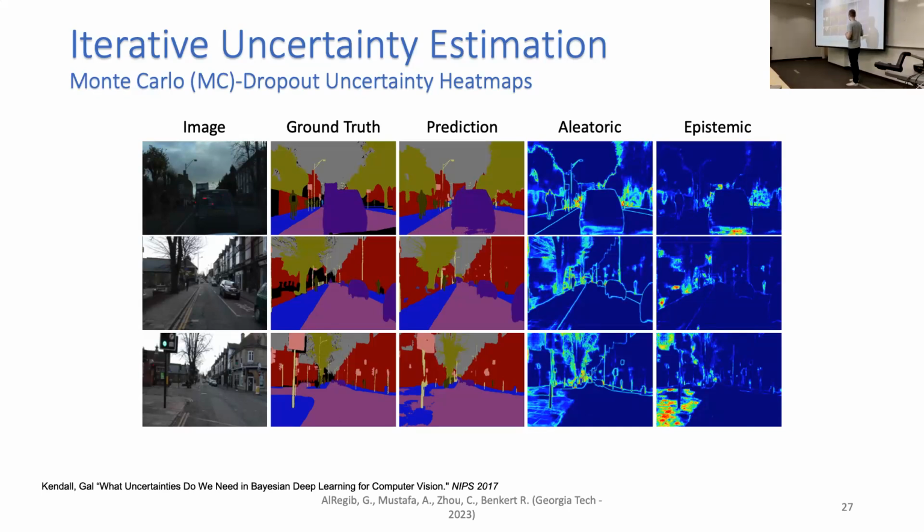Or you can essentially see on the epistemic end areas that look very difficult to discern. Like for instance, over here, you see a license plate. It's barely visible, right? So it gives you a sense of which areas exhibit a high data uncertainty versus a high model related uncertainty.